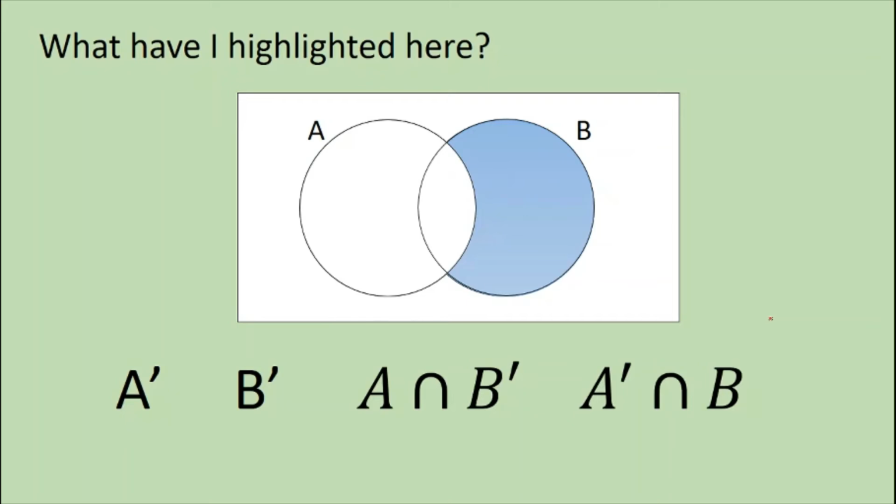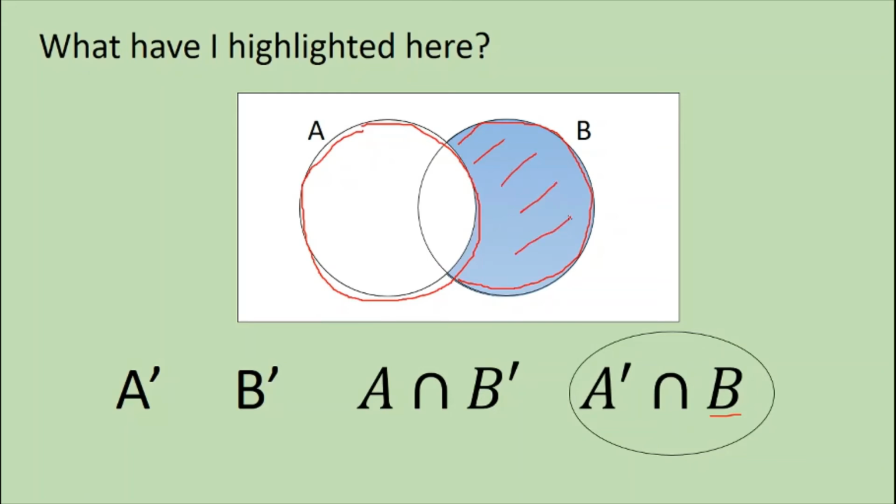Okay, this one is slightly trickier, and it's this. I'm interested in everything outside of this circle, so it can't be in that circle, but it's also got to be inside the B. Okay, so it's this area here.